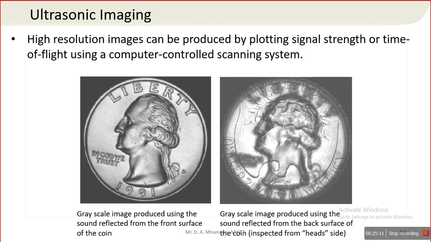This other image is produced from the sound reflected from the back surface of the coin, that is the head side. So these are the two images produced with the help of the ultrasonic imaging method, which is a computer controlled scanning system.